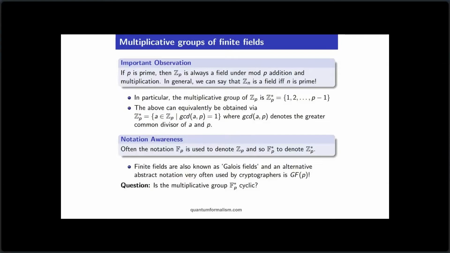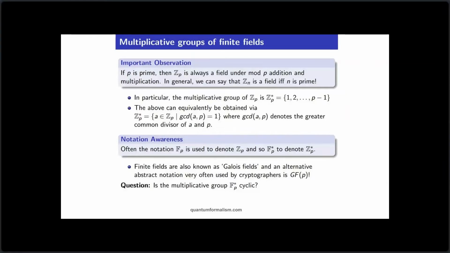We can also generalize this to say that in general, Zn is a field with respect to mod n if and only if n is prime. In particular, this is why Z5 and Z7, when we removed 0, still had all the elements. So when P is a prime, then ZP star has this form.